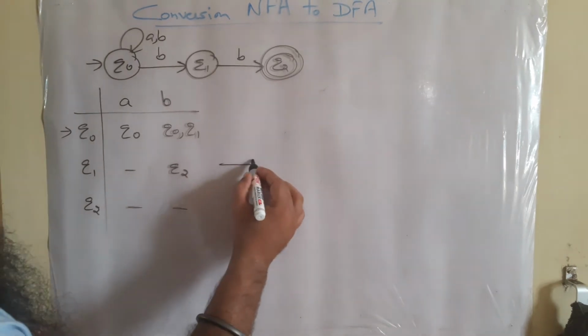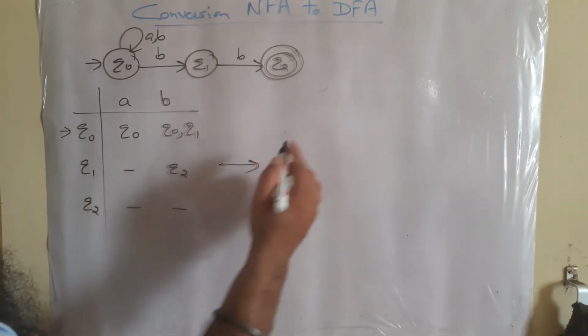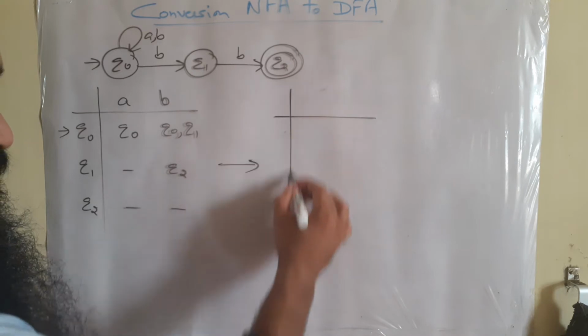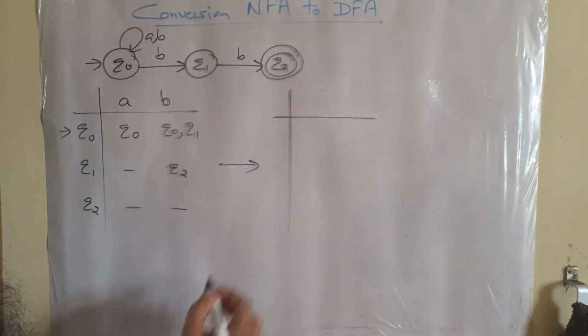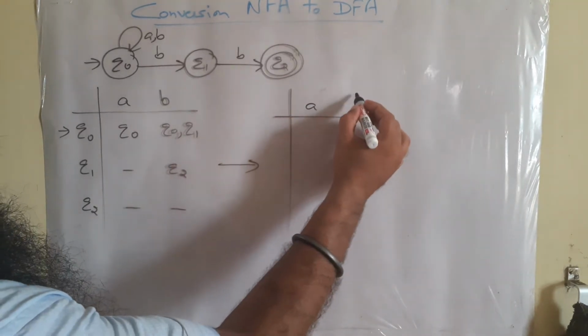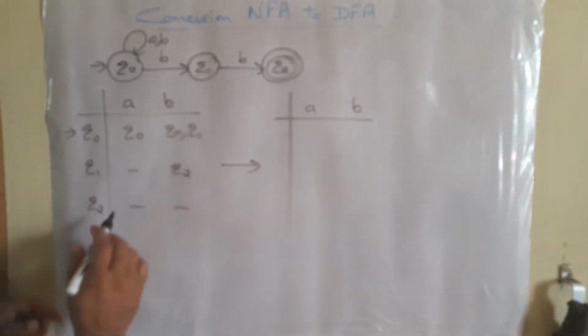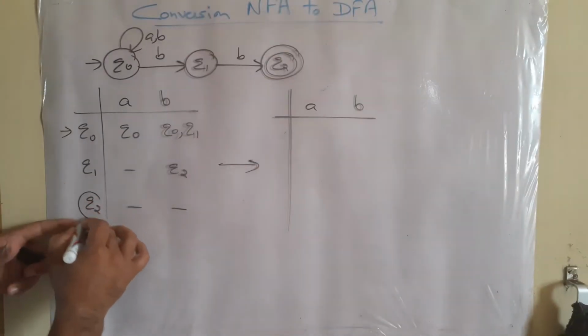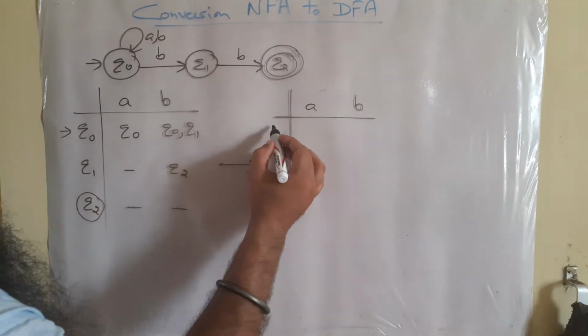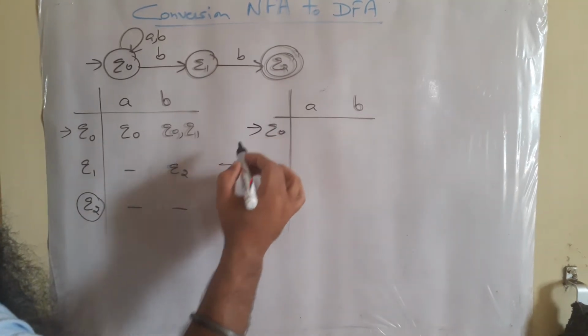Now we have to convert this transition table for the DFA. With the same input symbols A and B, we take only the initial state here. The final state is Q2. So we are taking only the initial state, that is Q0.